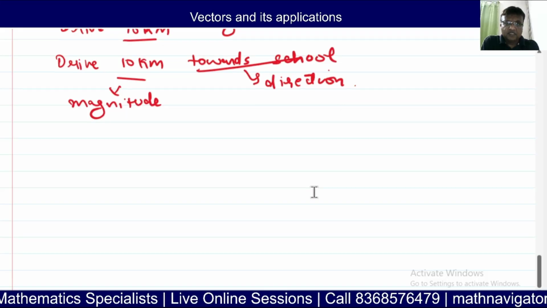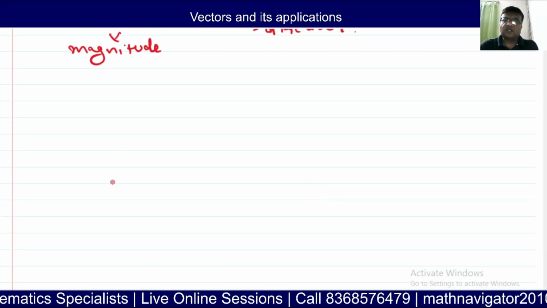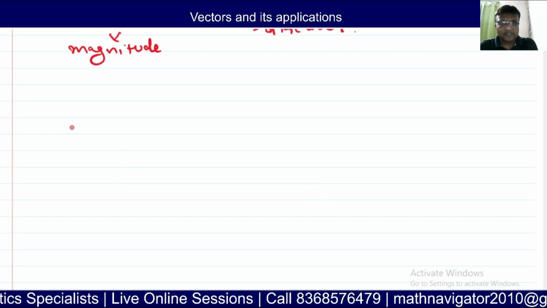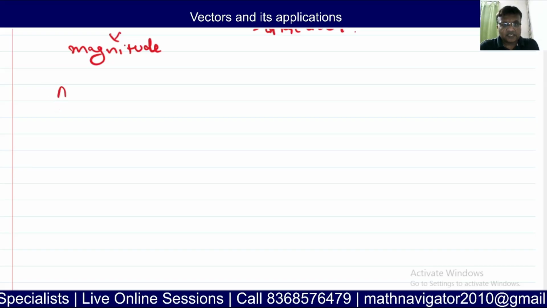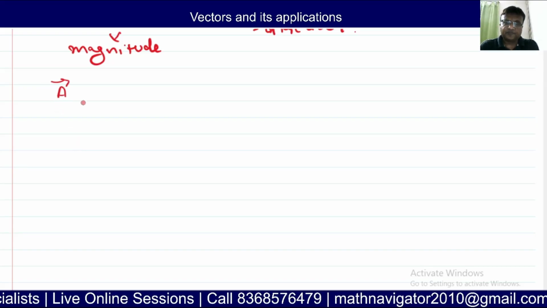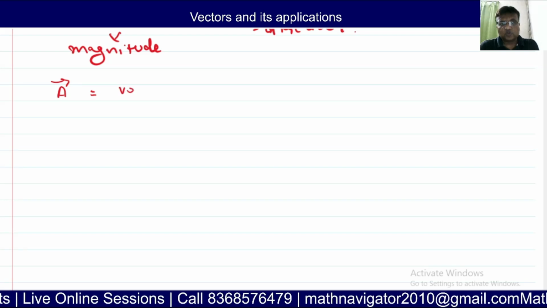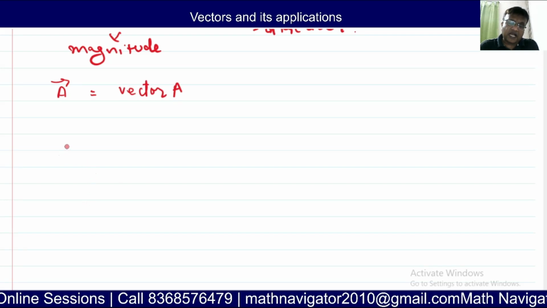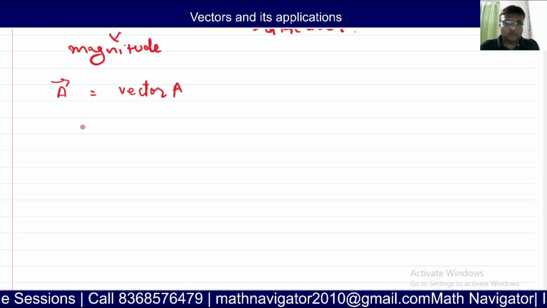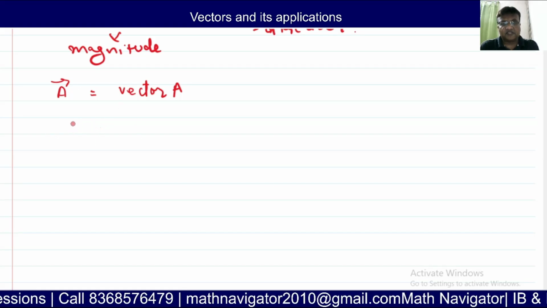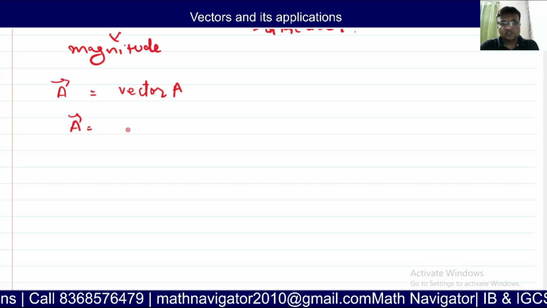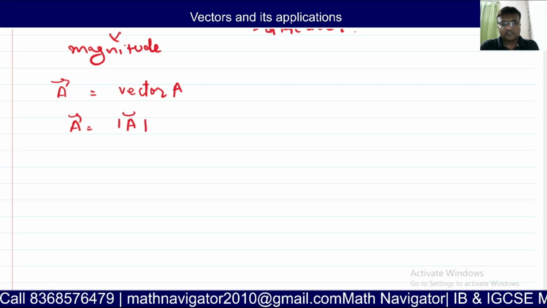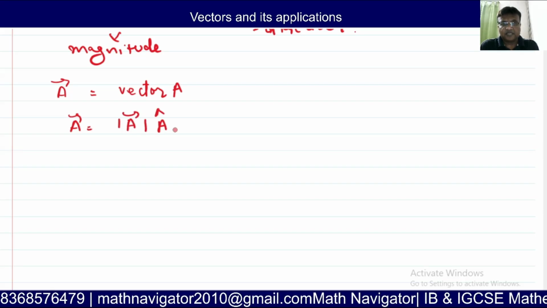Right. So now when we want to represent a vector, how is the vector represented? We represent it as vector A, read as vector A. Now, as I've told you, in order to define the vector completely, we need the magnitude as well as direction. So it is represented as vector A times direction.